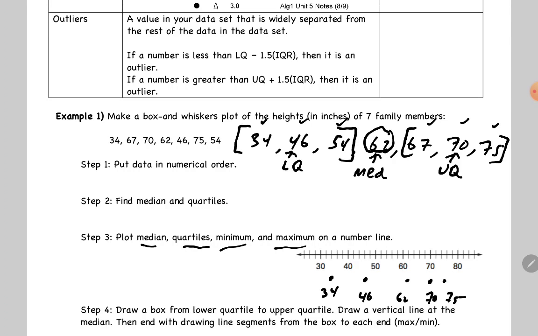Okay, so what you want to do is go ahead to your quartiles and medians and draw a line. Not too tall, not too wide. But make sure they're all the same length. And then connect them, making a rectangle.